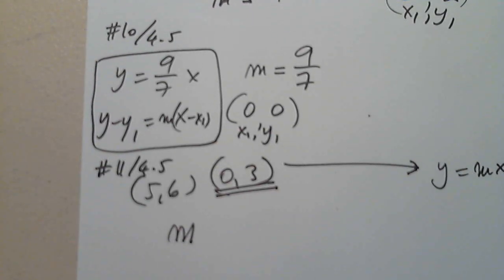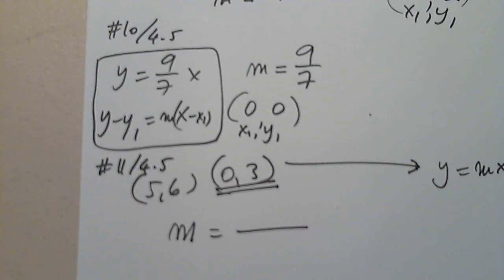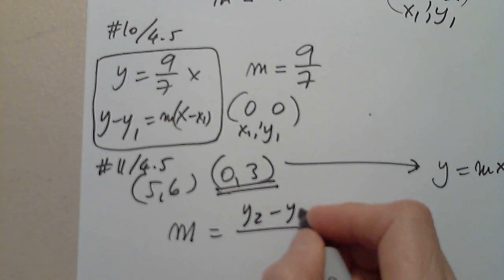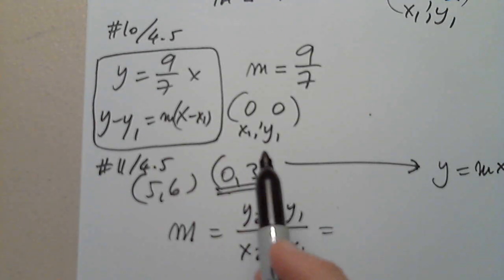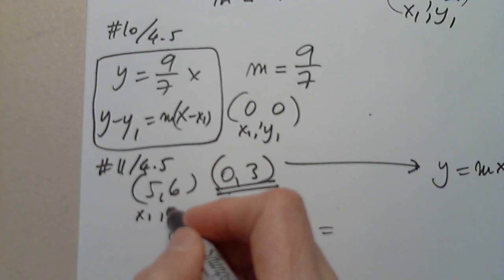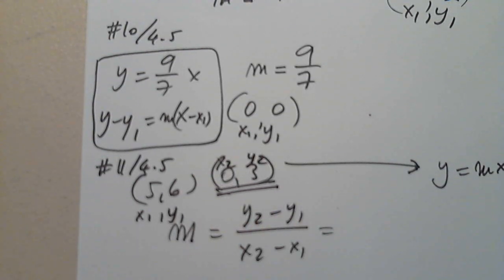Good. So can anyone give us the slope? Remember, y2 minus y1 over x2 minus x1, and this is your x sub 1, y sub 1, x sub 2, y sub 2.